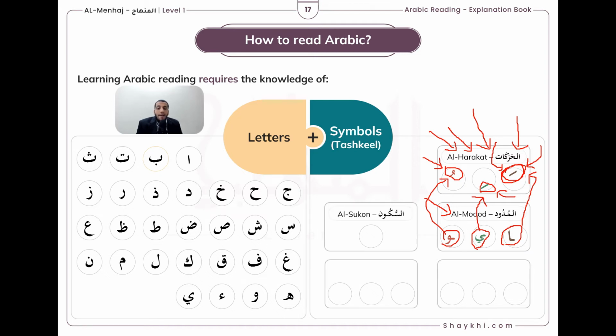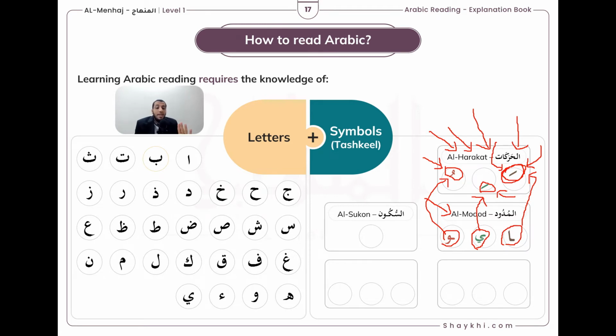And then we have as-sukun. What does as-sukun mean? As-sukun means that no vowel sound will be added to the letter. We said that al-harakat is adding a short vowel sound, and al-mudud is adding a long vowel sound, but in as-sukun no vowel sound is added to the letter. So you might ask, what will we do with as-sukun?